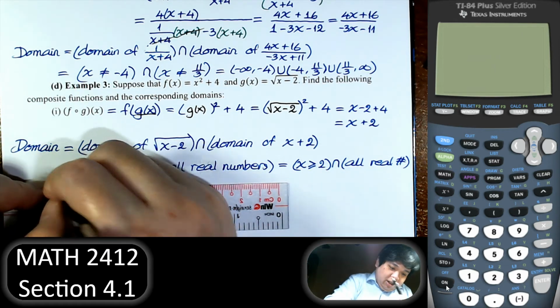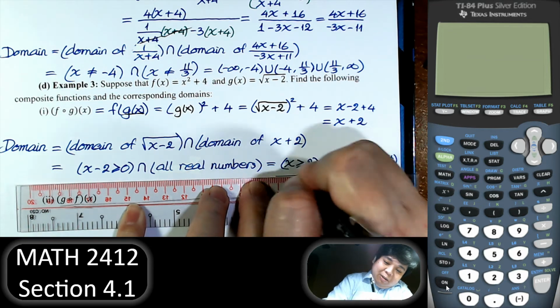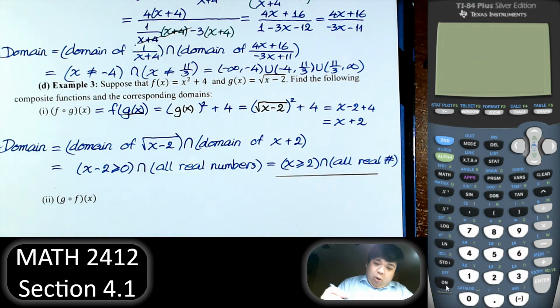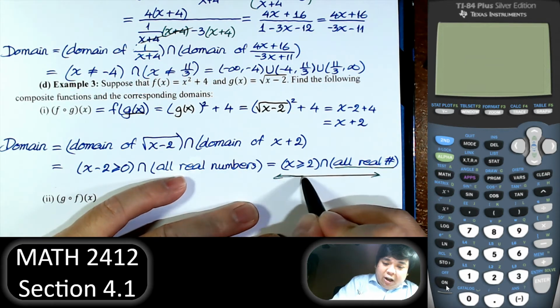Now, let's focus on the intersection here for a minute. We have a number line. First, we have all real numbers, meaning that it could be anything on that line.